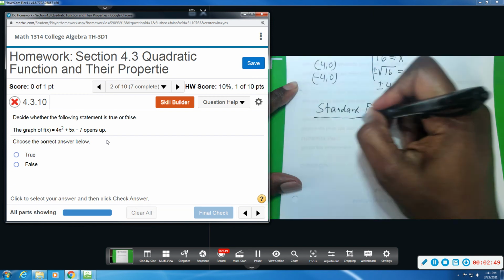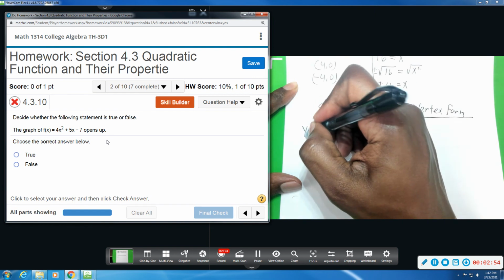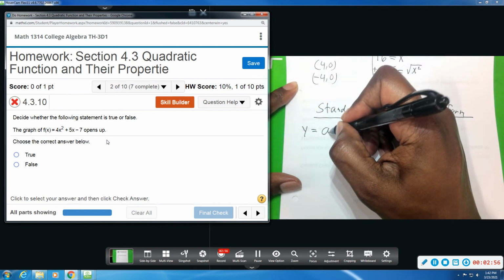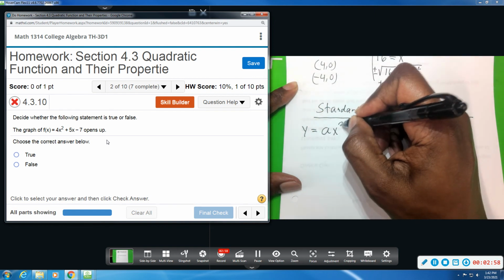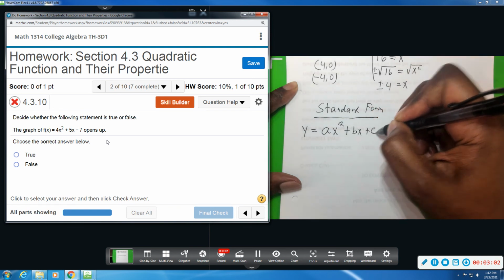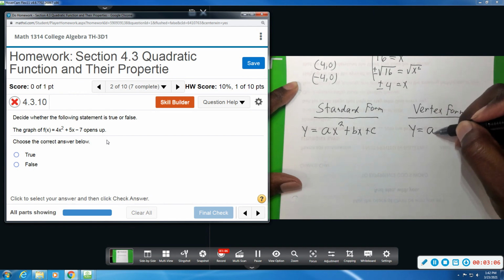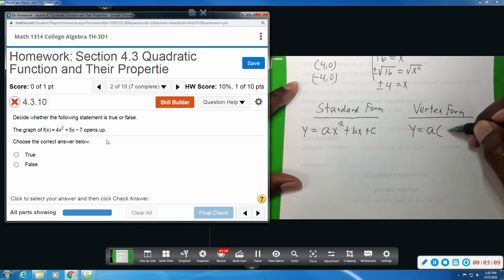Both cases will give you the same result. Standard form is ax squared plus bx plus c. Vertex form is a times the quantity, in parentheses, x minus h, quantity squared, plus k.